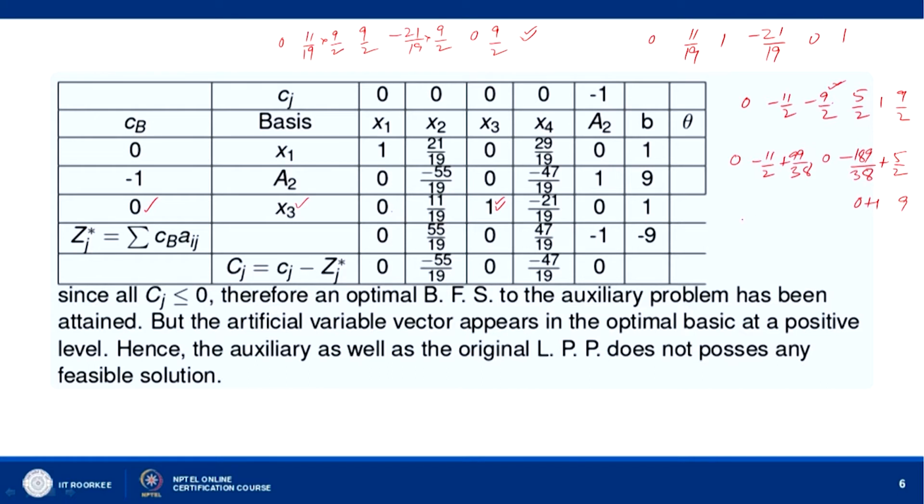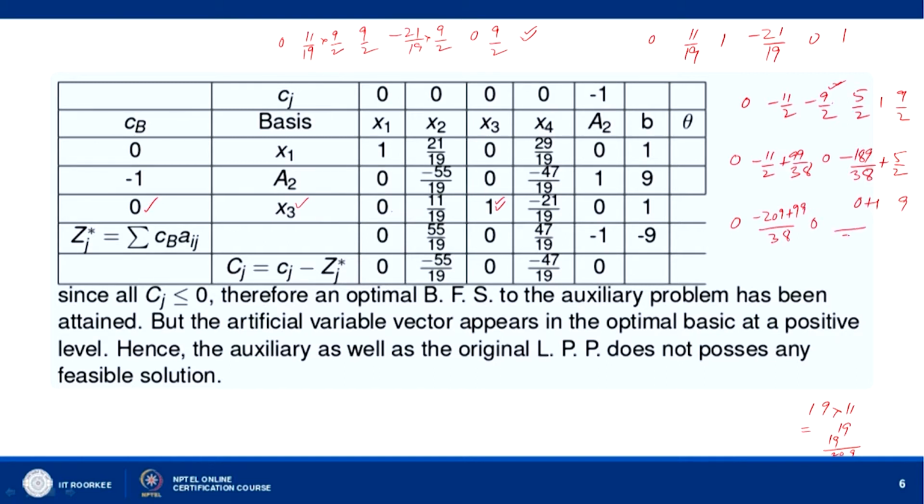So, what is this? 38, so 19 into 11. So, 11 into 19, how much is that? 209. So, minus 209 plus 99, which gives minus 110.